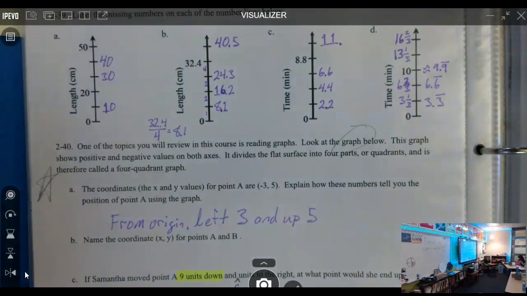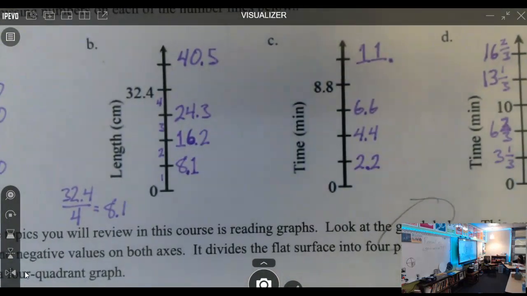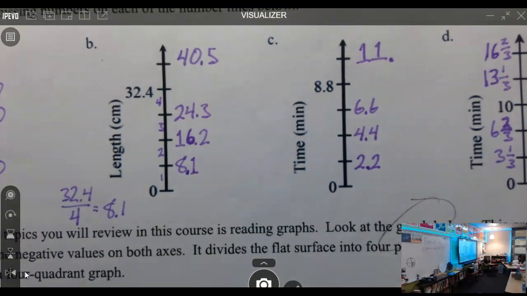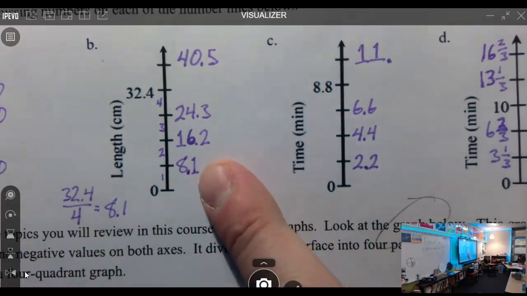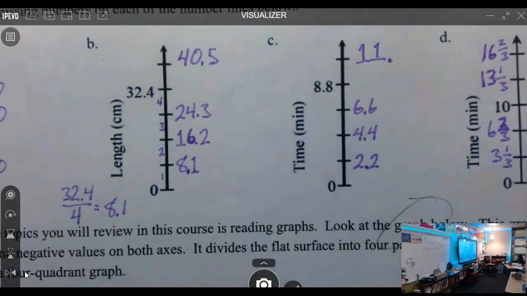So I actually have my jumps numbered out, that there are 4 jumps there. So took the 32.4, divided by 4, because the 4 jumps to get up there. That got us 8.1 per jump, and then we can really just keep adding 8.1 to each number. Does that make sense?